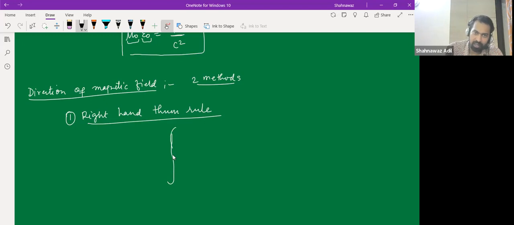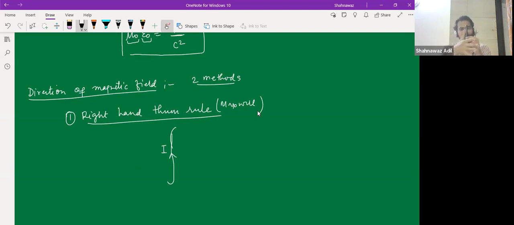We have a wire, and the current is flowing in this direction. This is Maxwell's right hand rule. So what does Maxwell say?